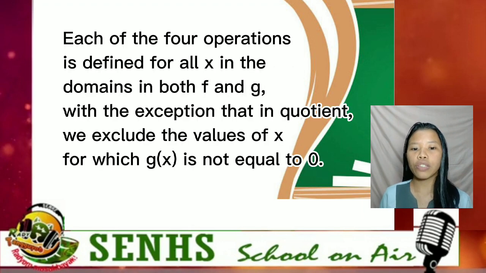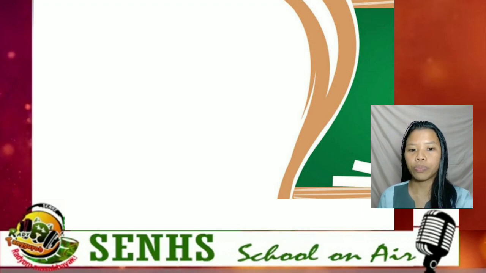Each of these 4 operations, the addition, subtraction, multiplication, and division, is defined for all x in the domains of both f and g, with only the exemption that in the quotient we exclude the values of x for which g of x is equal to 0.